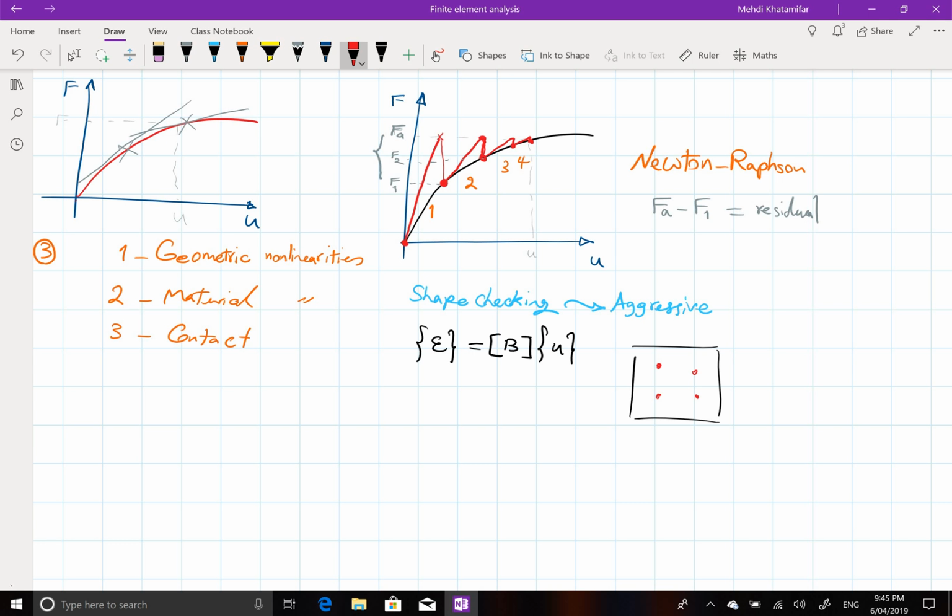So to improve the possibility of converging, you need to change one other option. Let me write it here.